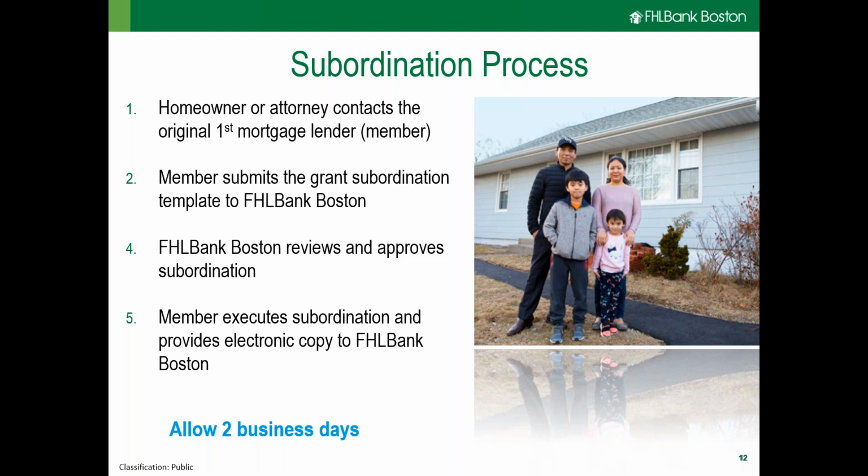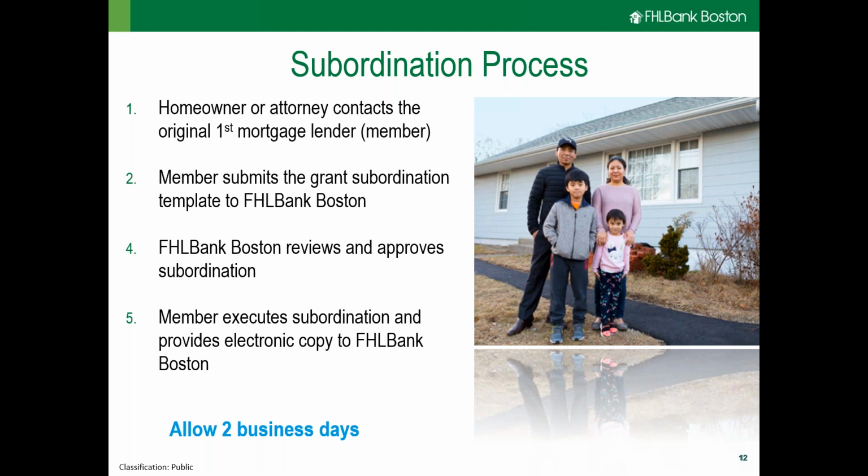So a little more detail about subordination. It's actually pretty simple. It is a lot different than some other institutions that require an underwriting package and appraisal. You just need to have the subordination templates, and typically the homeowner or attorney will contact us or your institution. If they contact us, we'll direct it back to your institution.